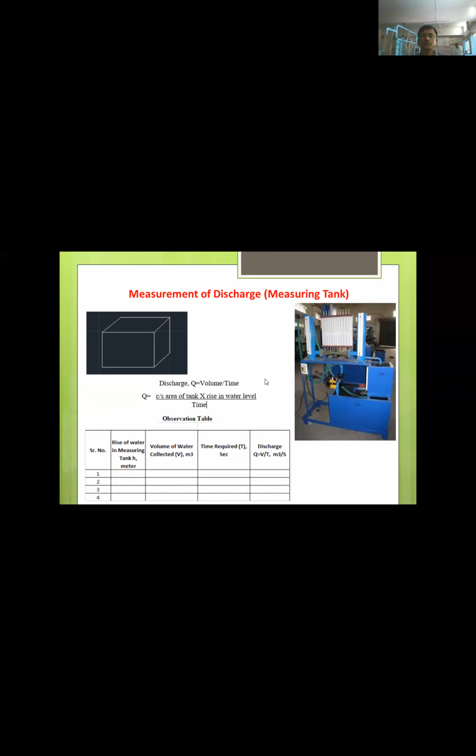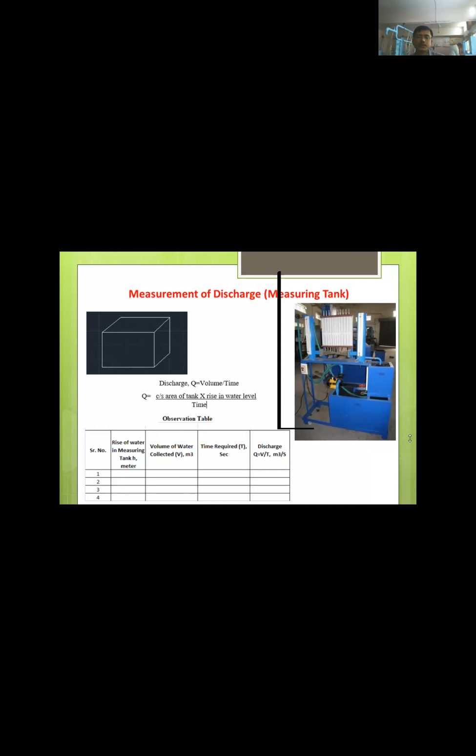Is it over? See, everyone has to draw these tables in your notebook.